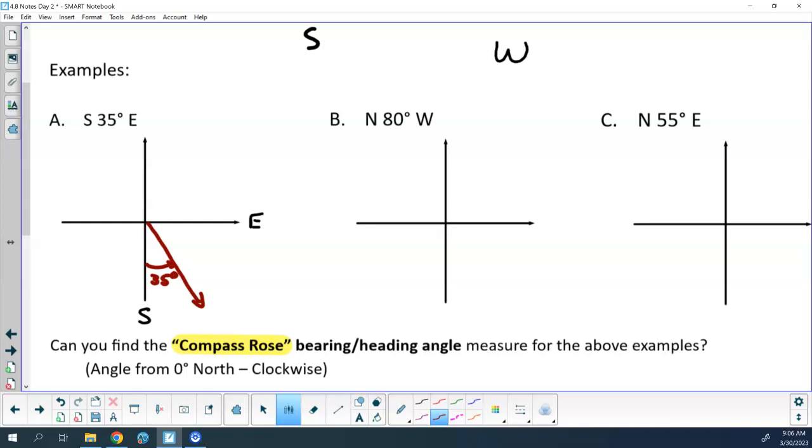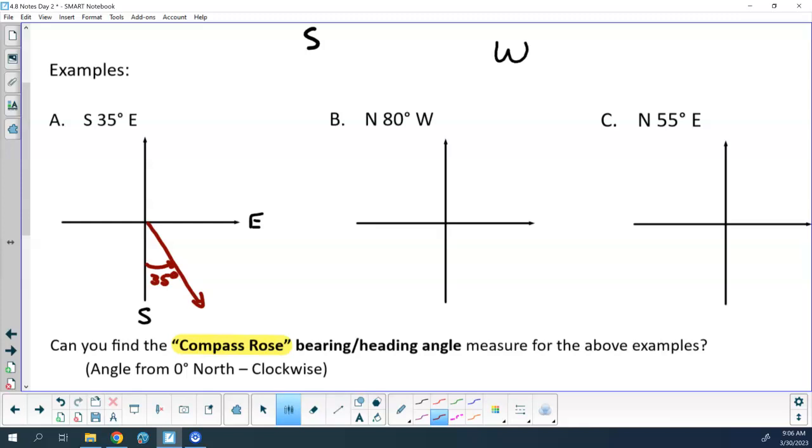Just so you all are aware, out the windows, that's north. It's actually truly north. So I'm looking south, and then I'm looking 35 degrees to the east, off of south.